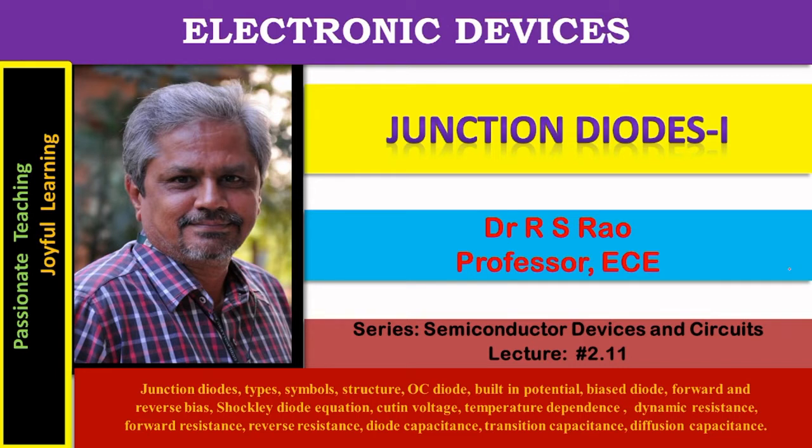Mostly they are passive, but there are uses where the diodes act as active element. They have several applications. Most common application is in rectification. Other applications include clipping, clamping, etc.